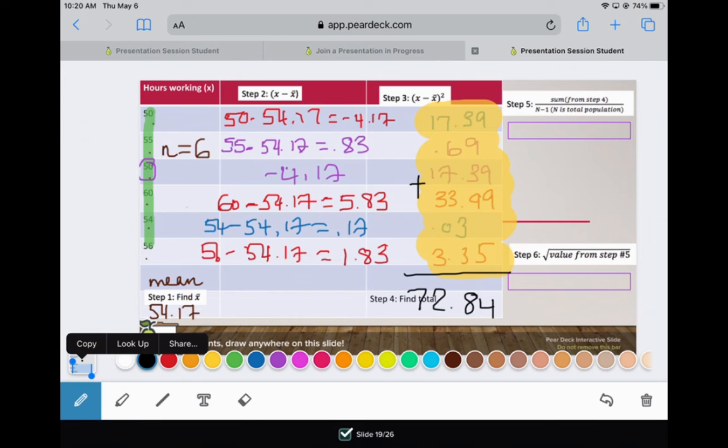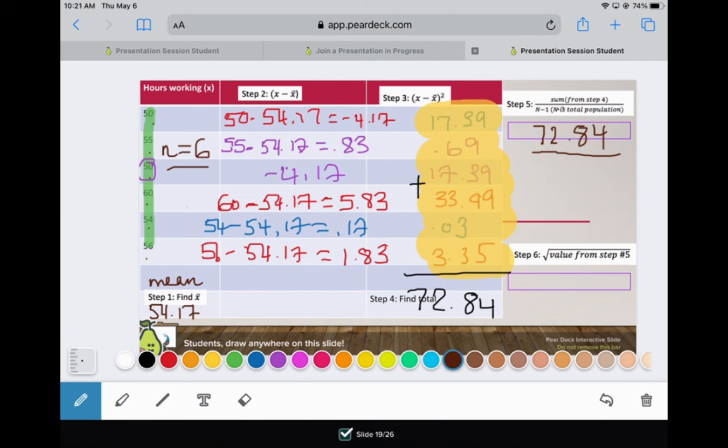Question for me? Okay, step number 5, I'm using what I have from step 4, which is 72.84. What number am I going to divide by? Look up here, I'll give you a hint. It says n minus 1. In here, my n is 6.